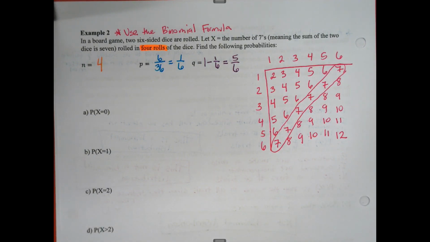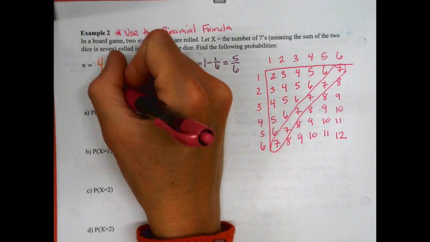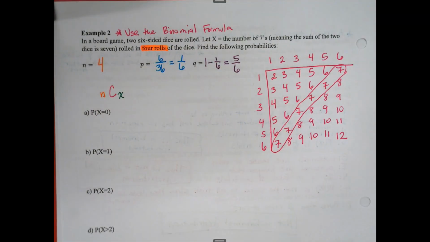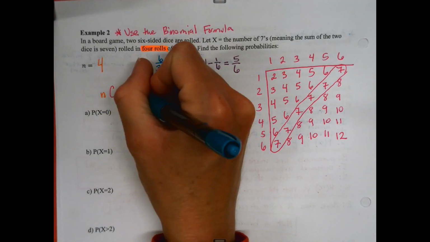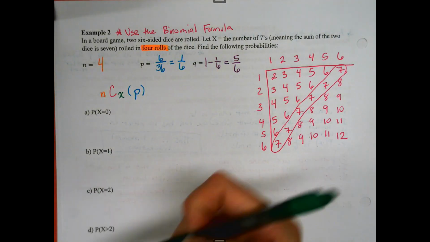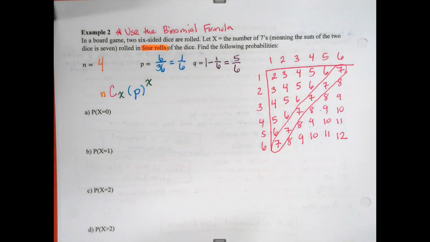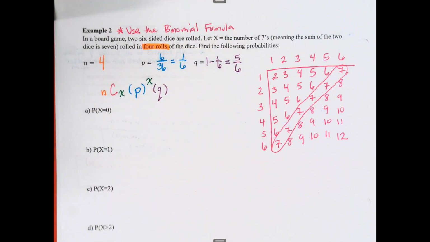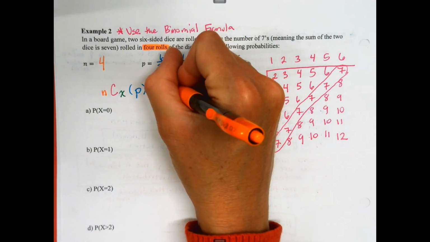Our formula says nCx times the probability of success to the power of x times the probability of failure to the power of n minus x.